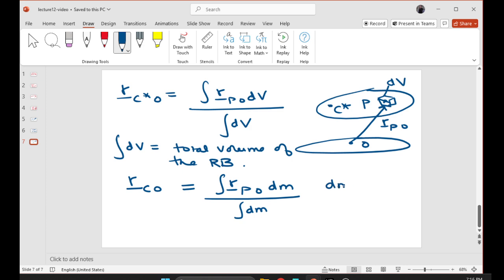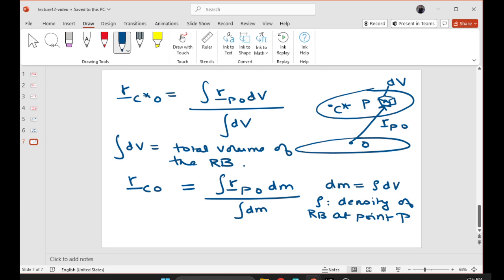Now dm, a small chunk of mass lying in the neighborhood of point P, can also be written as rho times dV, where rho is the density of the RB at point P. And this density may be changing from one point to another across the RB. That density may be spatially dependent on the RB.